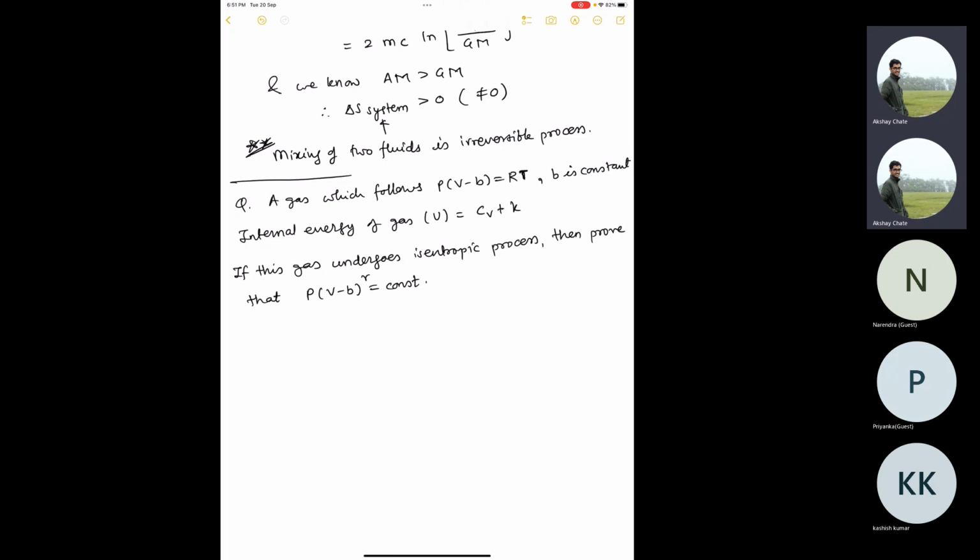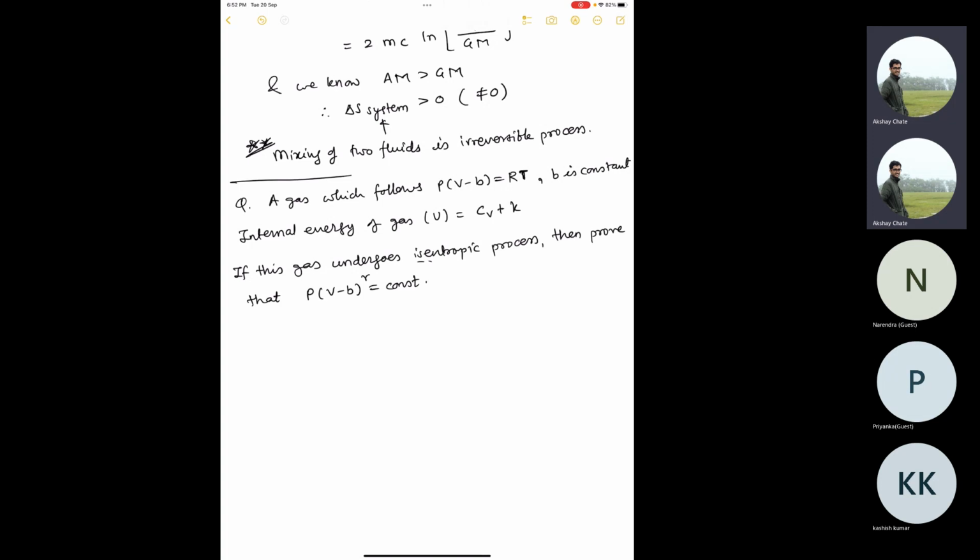You may ask why we use dU plus PdV. The reason is that an internal energy equation is given in the question.